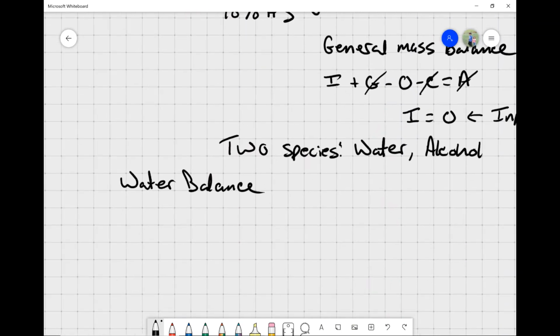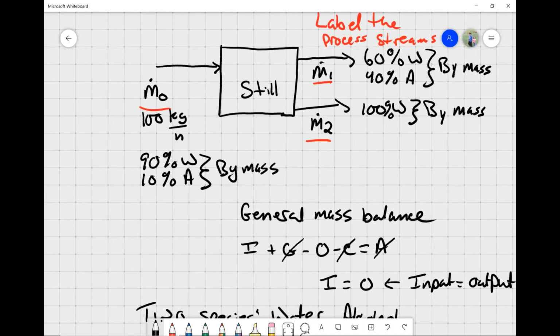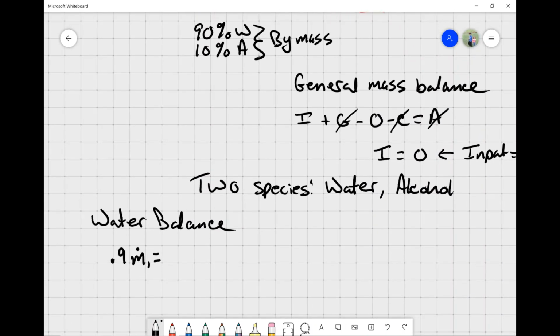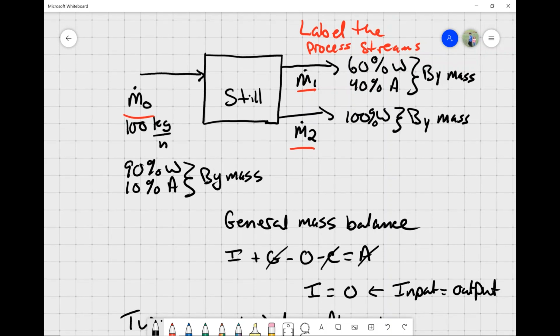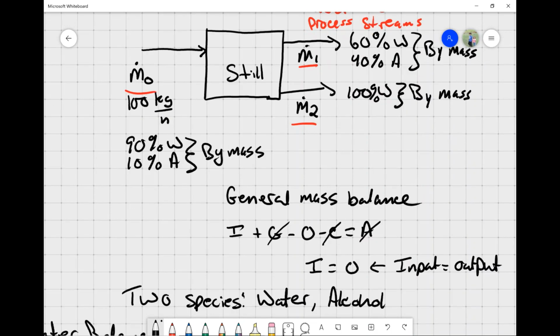90% translates to 0.9. And we have water in M1 and we have water in M2. Okay. And the percentage of water in M1, did I get the percentages right? Yeah, 60% water. Okay.